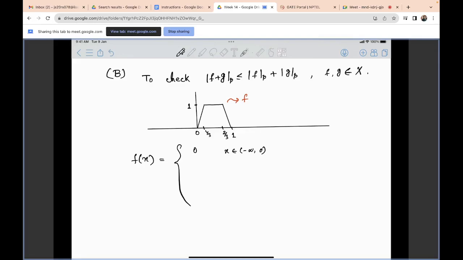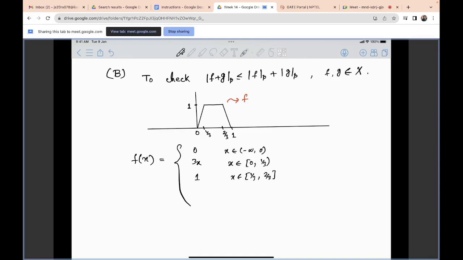On 0 to 1/3 it's a linear function, and at the point 1/3 it takes the value 1, so the function is 3x, and at 0 it's 0, for x from 0 to 1/3. Now it is 1 for x belonging to 1/3 to 2/3.